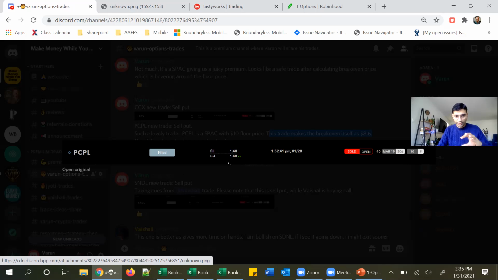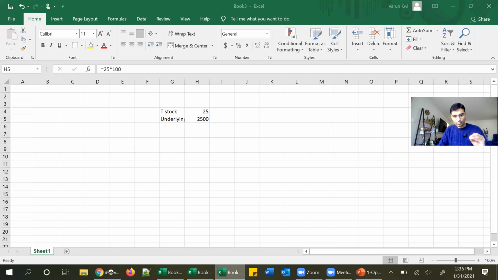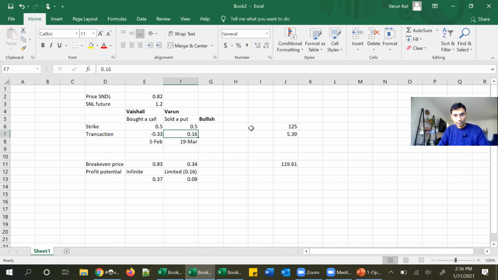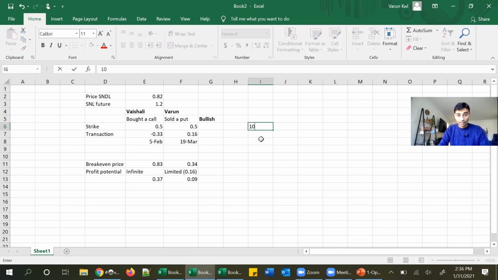And I found a beautiful deal in there where they are giving a premium of 1.40, which basically means I have got a strike of 10. This is a SPAC which has already got a floor price of 10, so it won't go below 10.